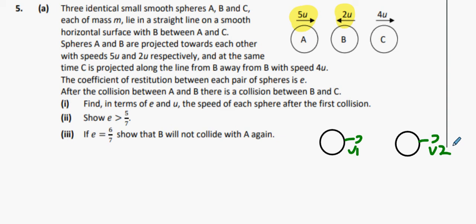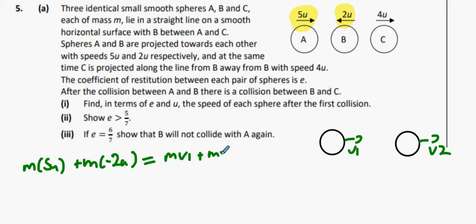Okay, so we go for M1U1: M times 5U plus M times minus 2U equals MV1 plus MV2, and V1 plus V2 equals plus 3U.